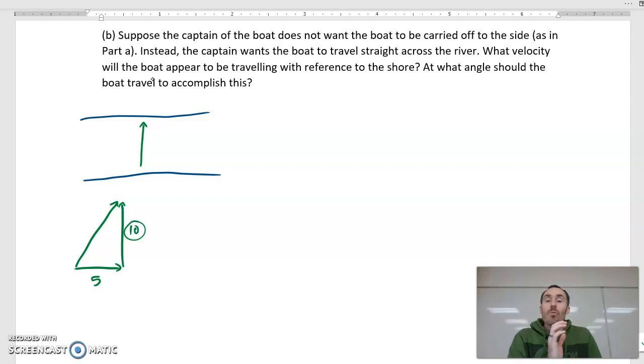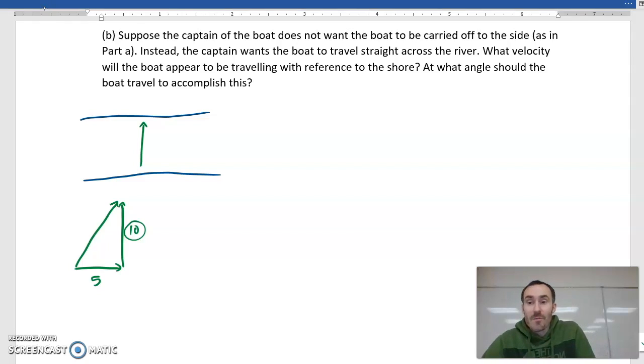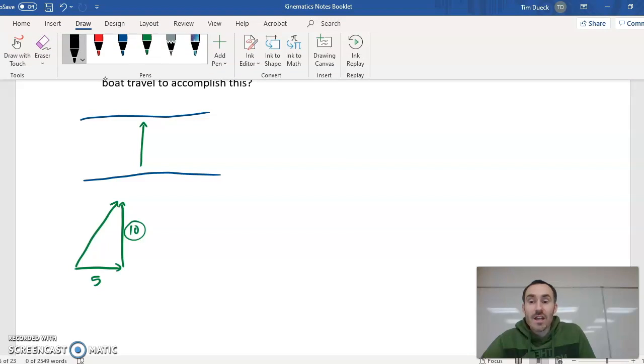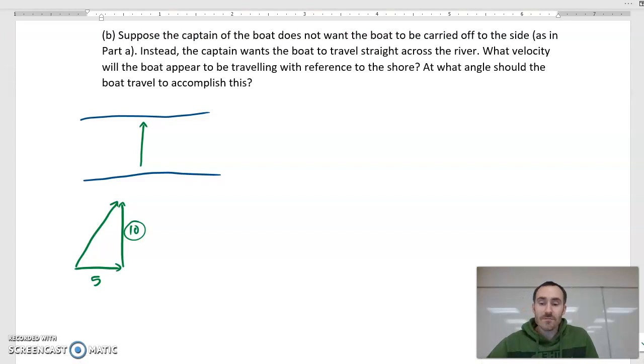So we actually want to counteract that current by changing which way we are sailing. So instead of sailing straight north, if I want to move straight north, I'm going to have to point myself this way, right? Because then the current is going to pull me back this way, and my total velocity is going to end up being straight north.